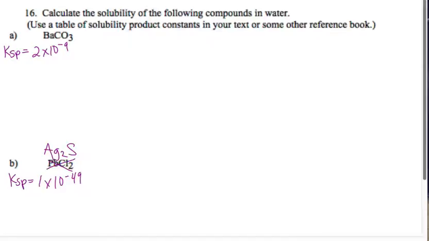So with these, I'm just doing both of these because they have some issues with exponents and stuff that you need to take a look at. So if I know it's a KSP problem, because they give it to me and they're asking me for solubility, my RICE table needs to be my solid splitting up into its ions.